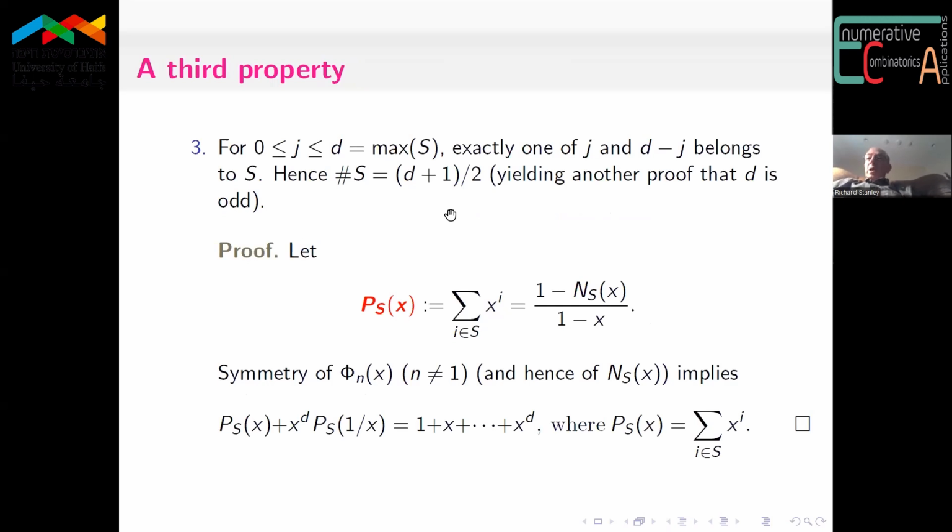And again, this has a simple proof that's based on the fact that the cyclotomic polynomials have this symmetry. They read the same backwards as forwards. It's all that comes into it. Again, I will skip details, but it's a very elementary result.